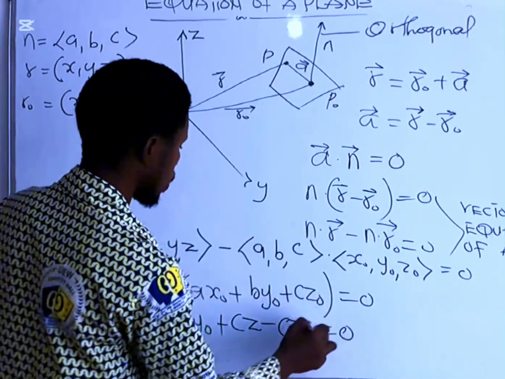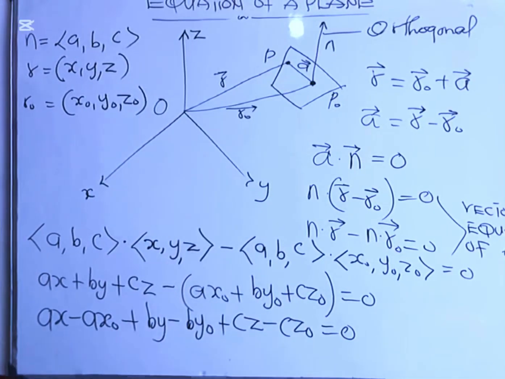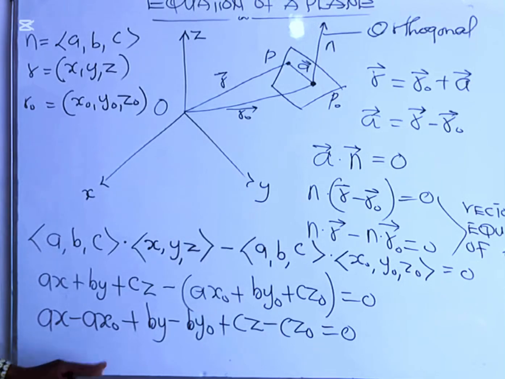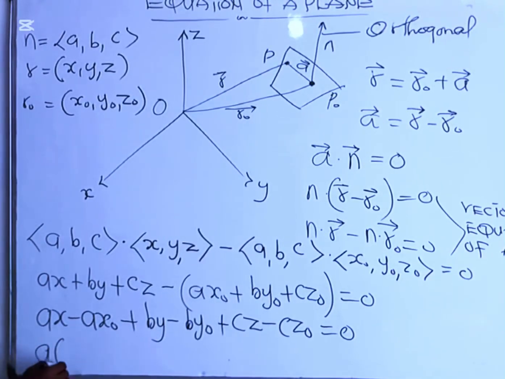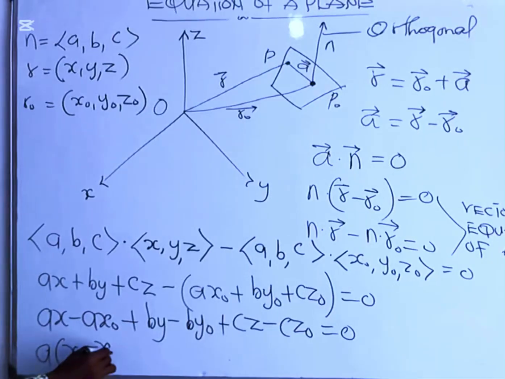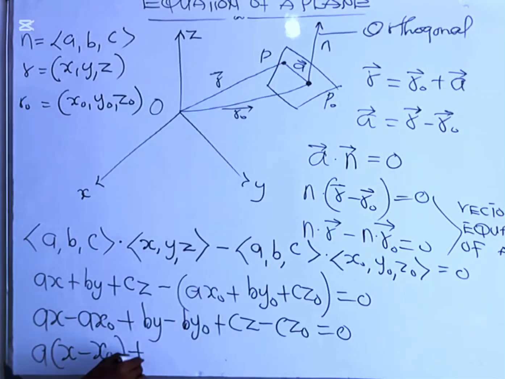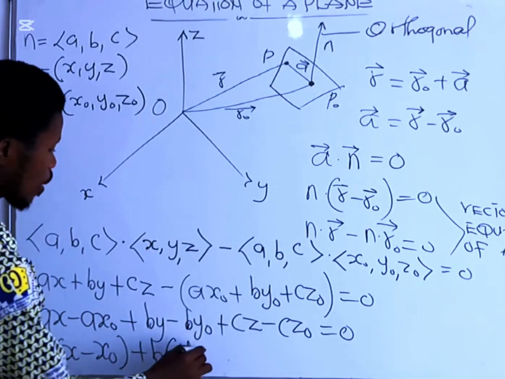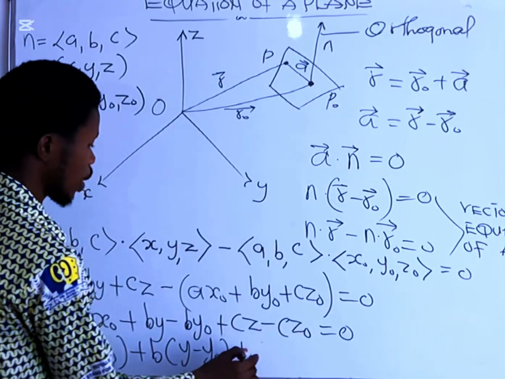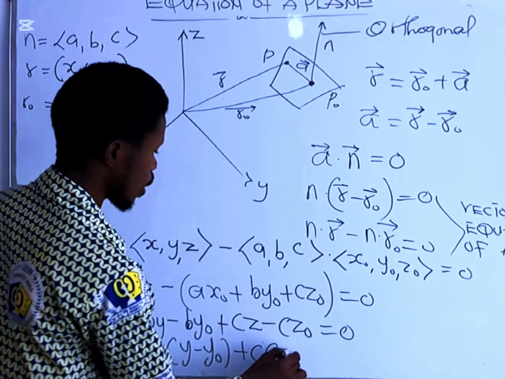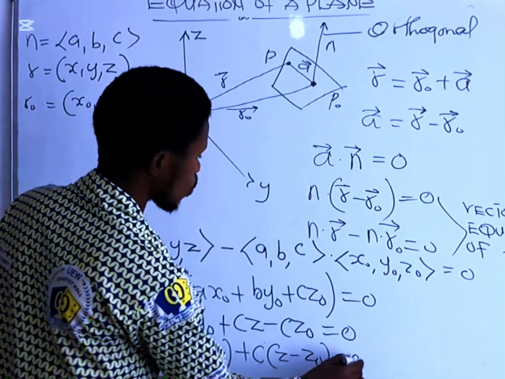And this gives us 0. Is that okay? Hope at this point you are not confused. Now a and a is common. So if I bring a out, I have x minus x naught plus b, y minus y naught plus, all right, c, z minus z naught equals 0.